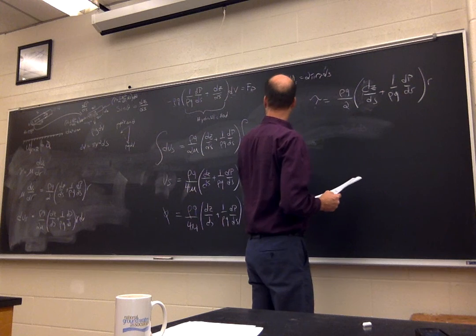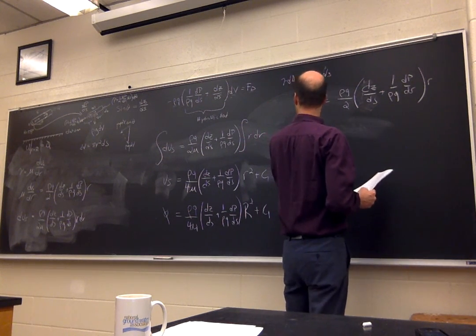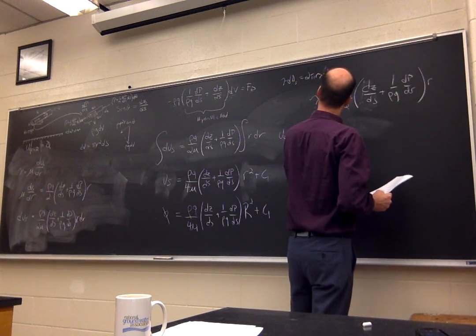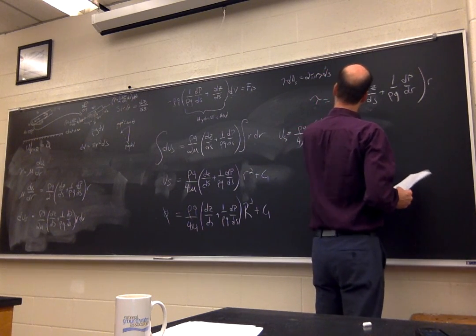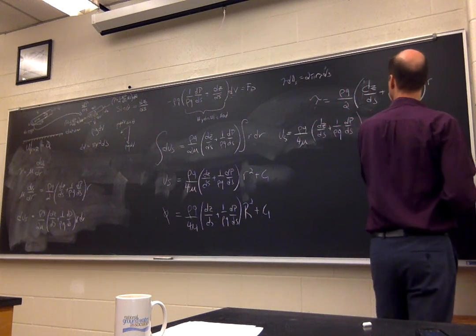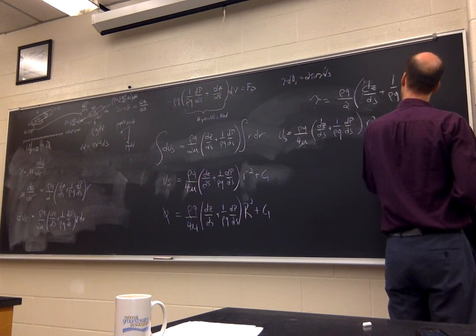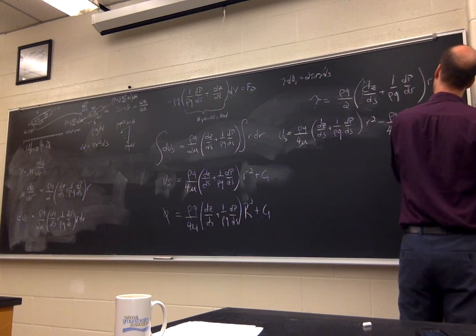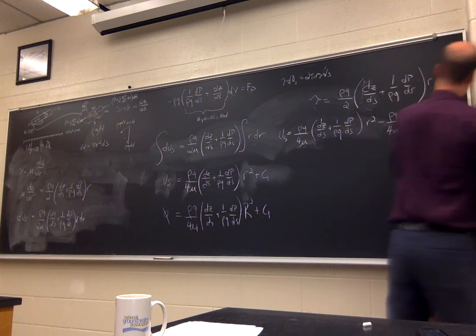So the velocity profile then becomes rho g over 4 mu dz ds plus 1 over rho g dp ds times little r squared minus rho g over 4 mu dz ds plus 1 over rho g dp ds times big R squared.